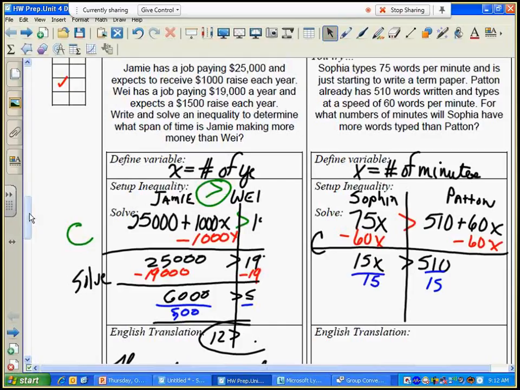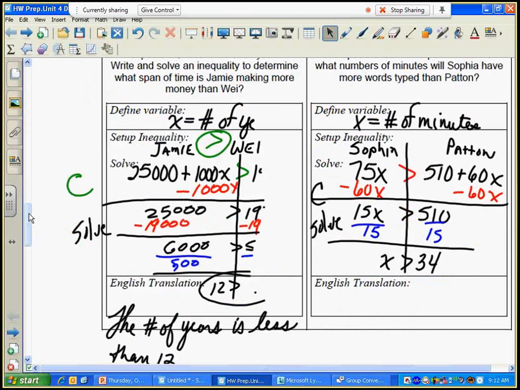It actually ends up being 34. So, awesome. Okay, so for this to be true here, x has to be greater than 34. So our English translation here, x is the number of minutes. So the number of minutes is more than 34.